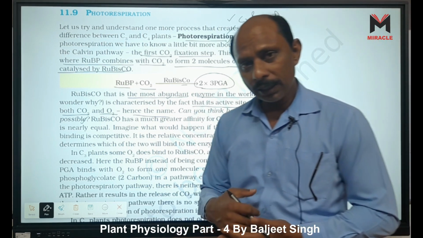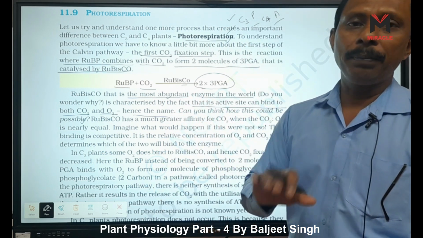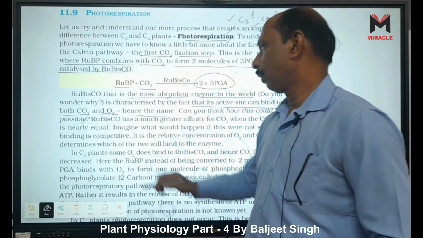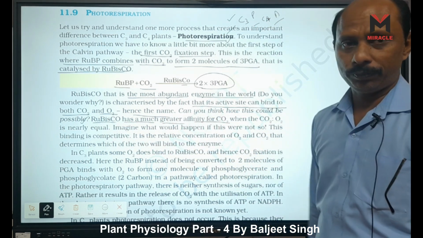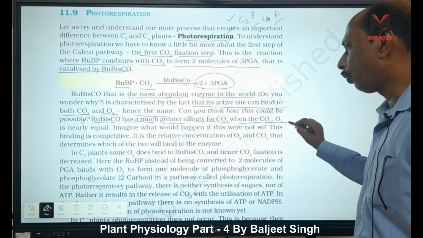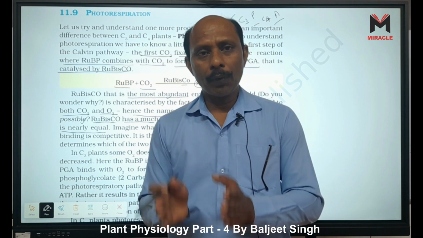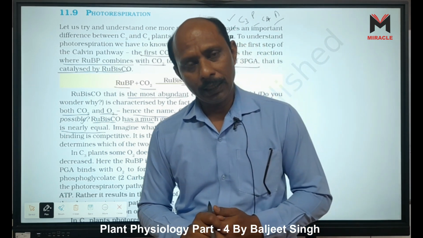If oxygen concentration is more and CO2 concentration is low, then oxygen can bind with the empty active site of Rubisco. Another thing, Rubisco has much greater affinity for CO2. When the ratio of CO2 and O2 is nearly equal, more carbon dioxide will bind with the active site because its affinity is more.